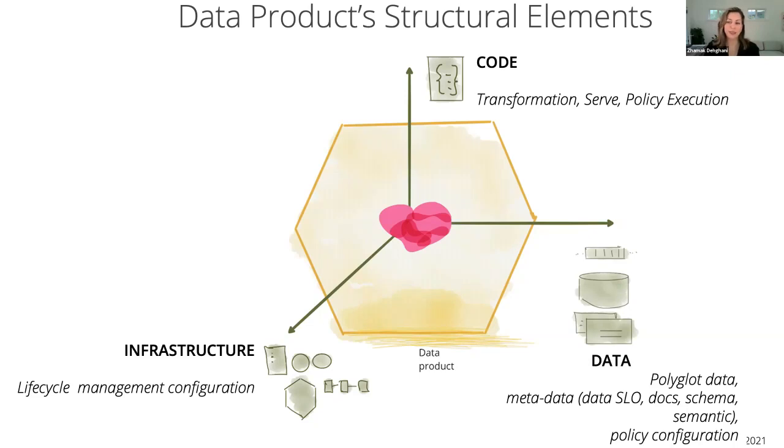Of course, we need the data itself. So what's in that data? We have the polyglot data access, but we have a bunch of metadata. We have the SLOs, we have the schema, we have the syntax and semantics, we have the documentation. Hopefully you have computational documentation. We have the policy configurations, and we need to depend on an independent segmentation of our infrastructure, right?